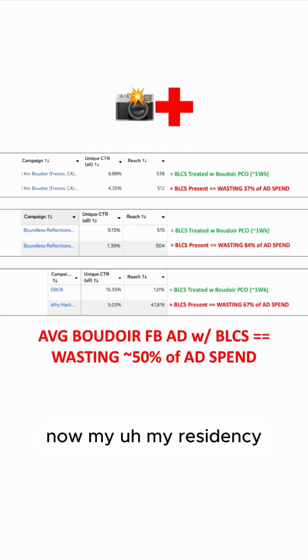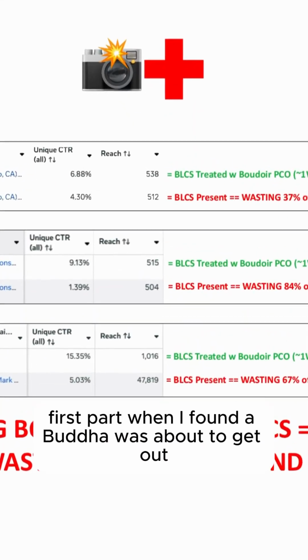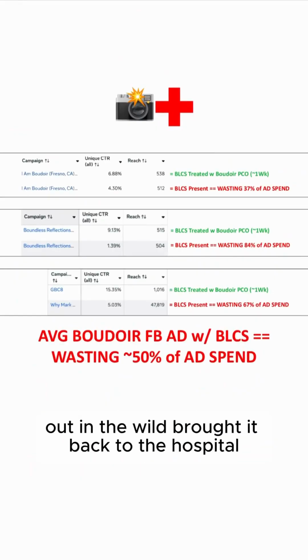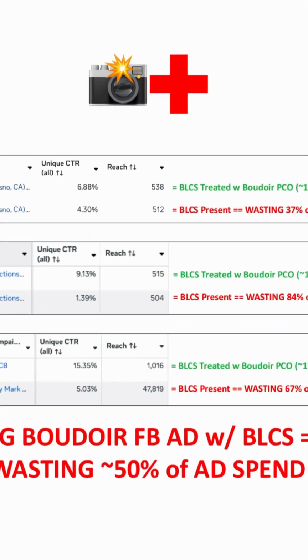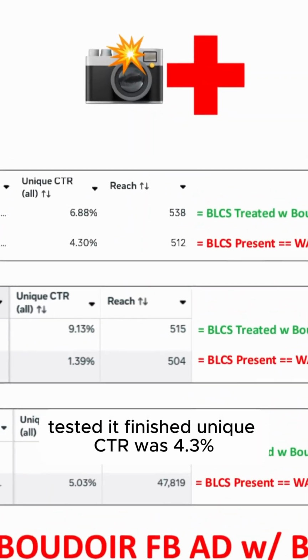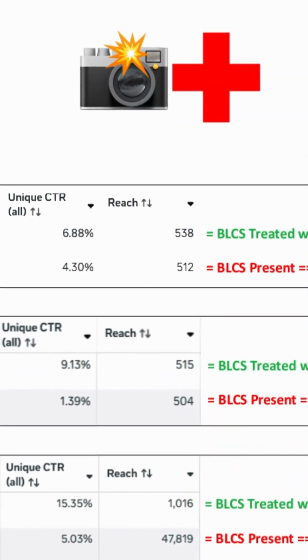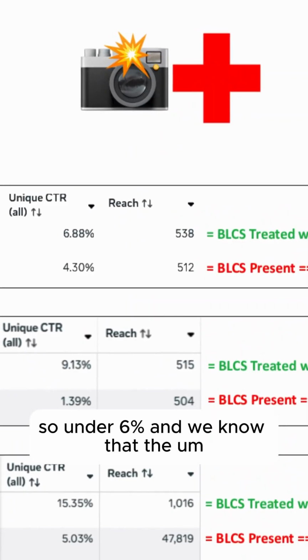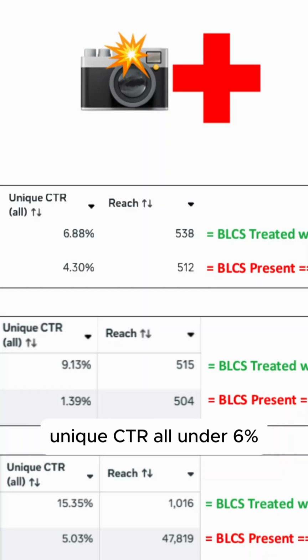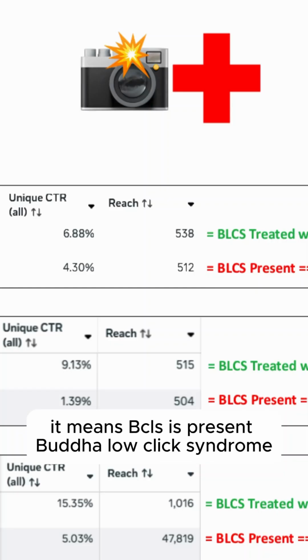Now in the first part of my residency, I found a boudoir Facebook ad out in the wild, brought it back to the hospital, tested it, and found its unique CTR was 4.3%. So under 6%, and we know that means BLCS is present, boudoir low click syndrome.